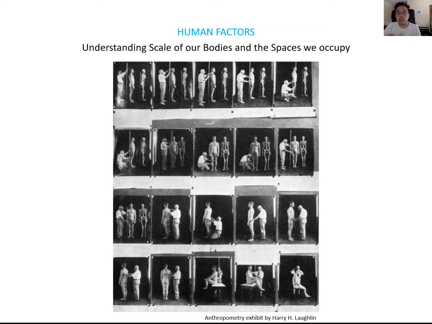When you design something, when you design a space, when you design a mouse, you have to understand our body. This is all about the human factor, the dimensions of our body, and you can adapt this body dimension to design something or design a space.